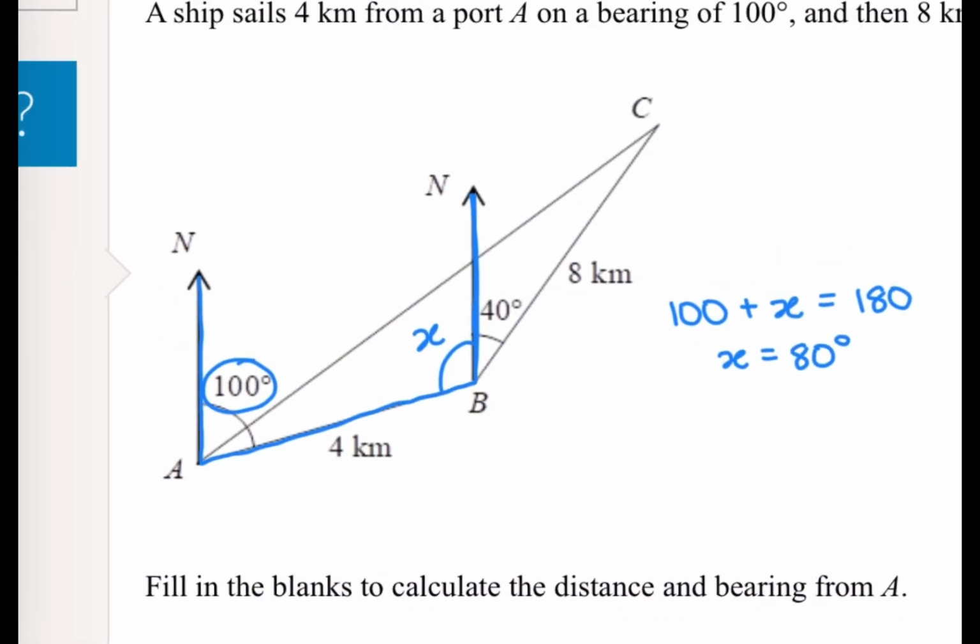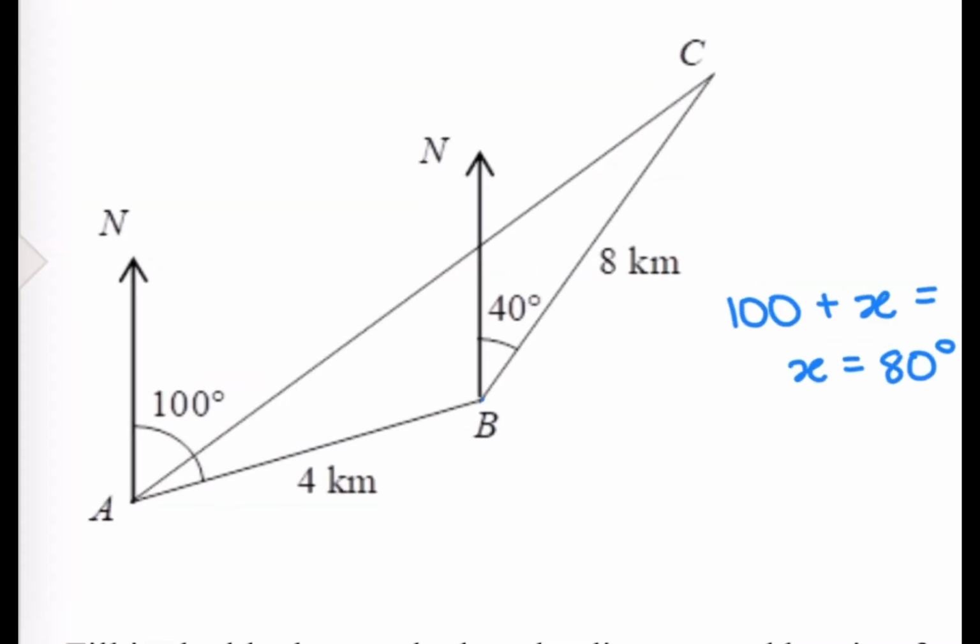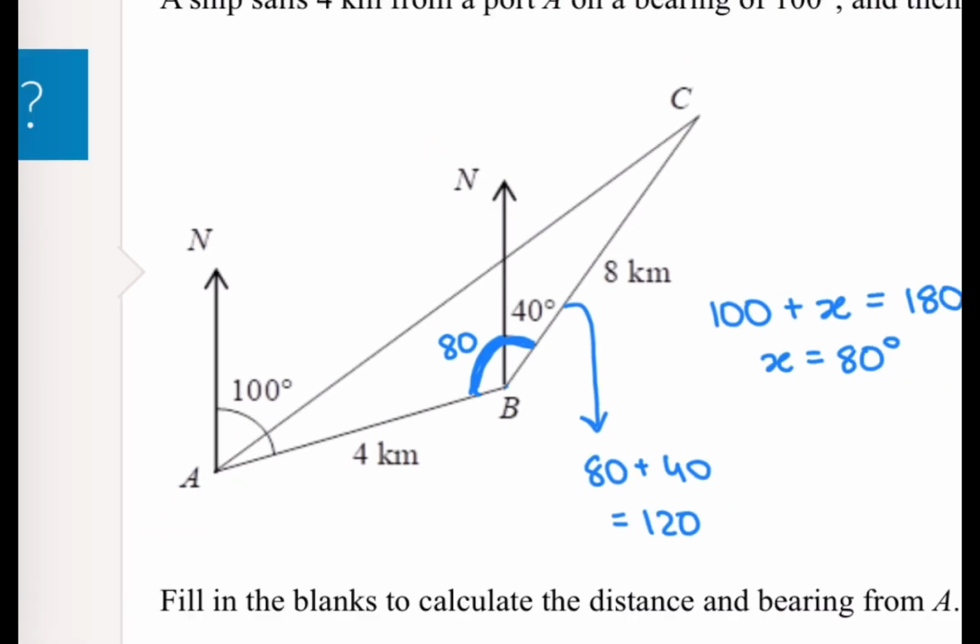Okay, now that we have our X, which we found is 80 degrees, these two add up to find the full angle. So 80 plus 40 gives us 120. So now we know that this full angle is 120.